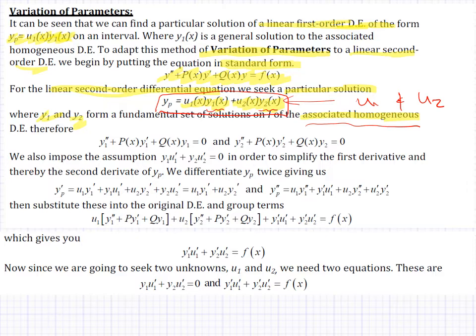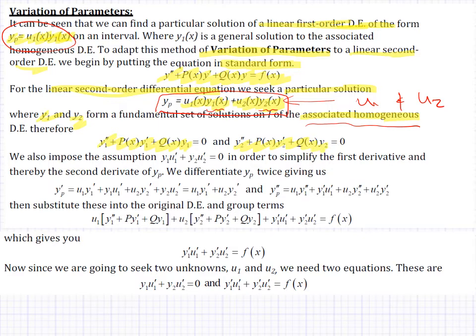So it takes this tactic: we saw what happens with first orders, so let's translate that over to second orders. Well, if y1 and y2 solve the associated homogeneous, then when I plug them into the standard form homogeneous, they should satisfy it.